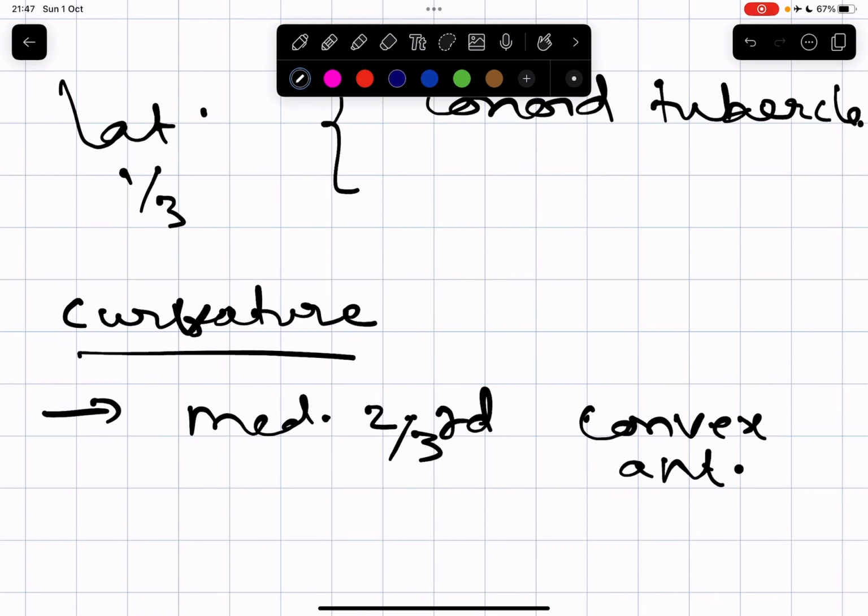Then we discussed the external features such as the ends of the clavicle, then the shaft of the clavicle. We divided the shaft into medial and lateral parts. Then we discussed the external features of each part. That is, the medial 2/3 has 4 surfaces. The lateral 1/3 consists of 2 borders and 2 surfaces.